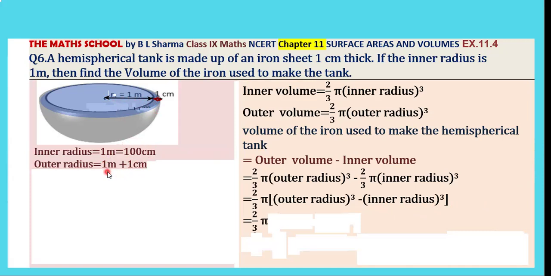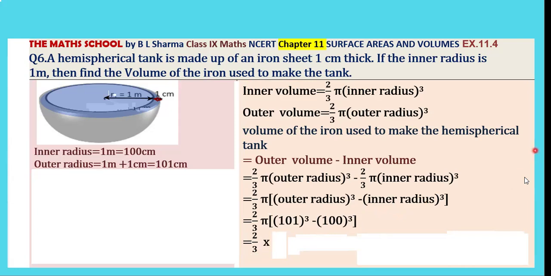So outer radius in centimeter will be 100 plus 1, that is 101 centimeter. In place of outer radius, we can write 101 centimeter, in place of inner radius, 100 centimeter. So on writing, 101 power 3 minus 100 power 3. And now in place of pi, you put 22 by 7 and we can simplify, and we can get the answer.